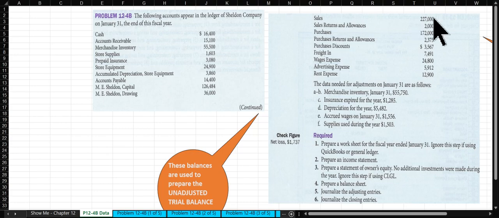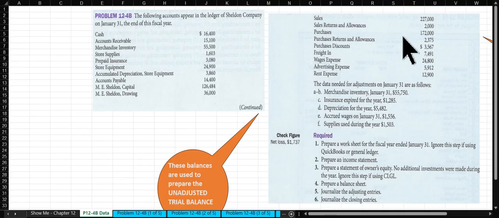Revenue accounts, of course, have credit balances, but contra revenue, such as sales returns, would have a debit balance. Purchases, debit balance. Purchases returned is a contra, so that would have a credit. And I'm going through these because we will need to put these amounts in the correct column of the worksheet in order to complete this problem.